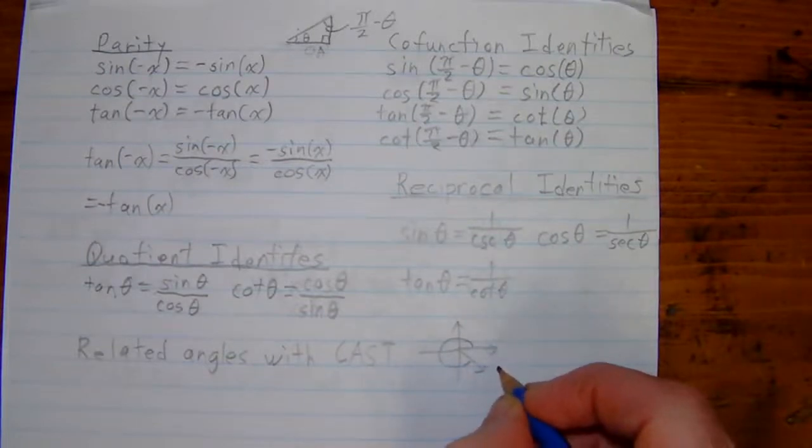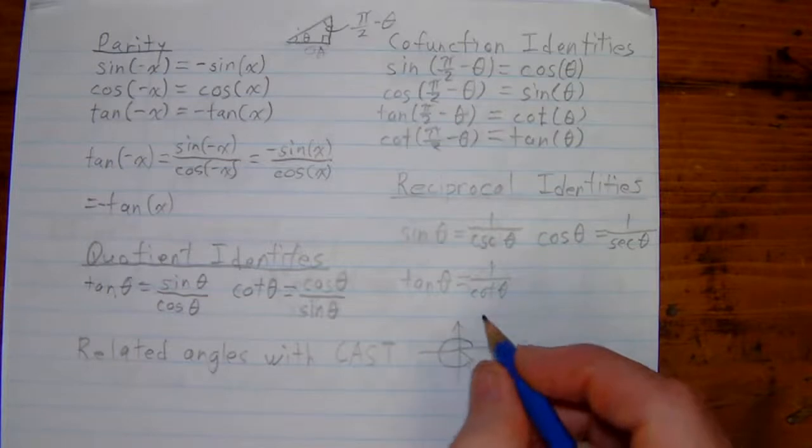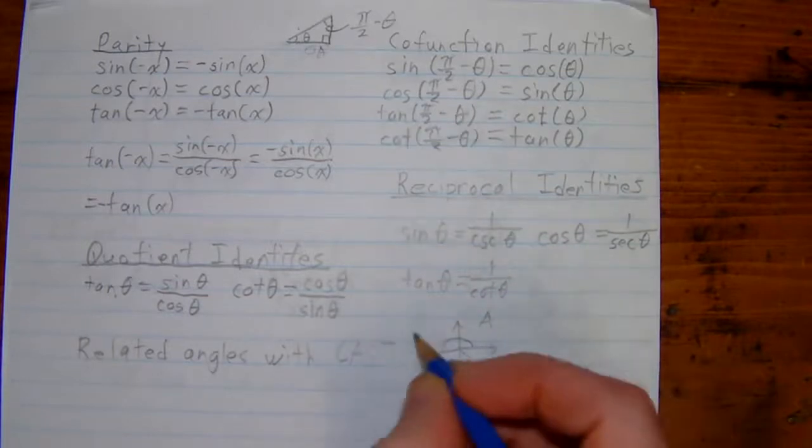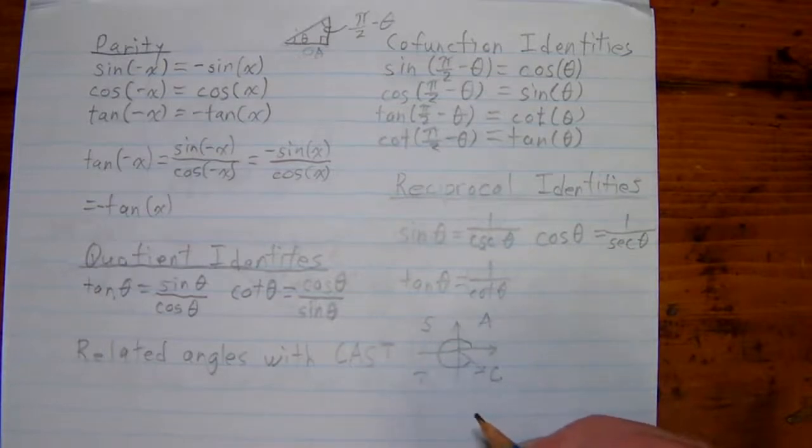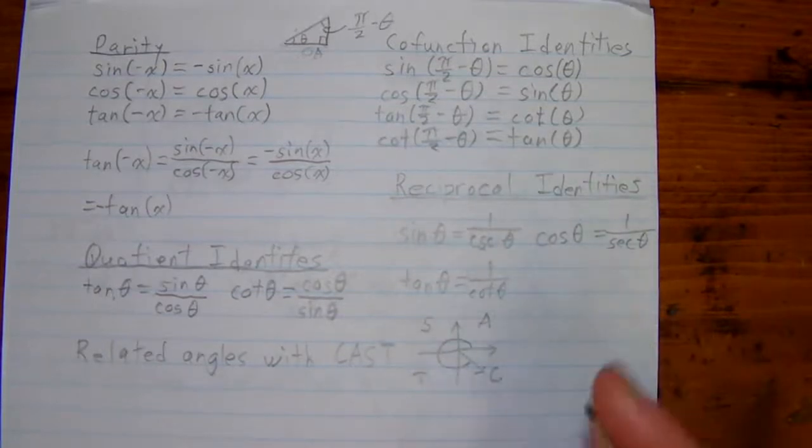And the CAST rule says that in this quadrant, cosine is positive. In this quadrant, all are positive. In this quadrant, sine is positive. And in this quadrant, tangent is positive. And you can memorize that, and perhaps you already have.